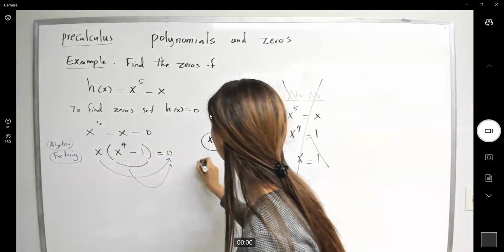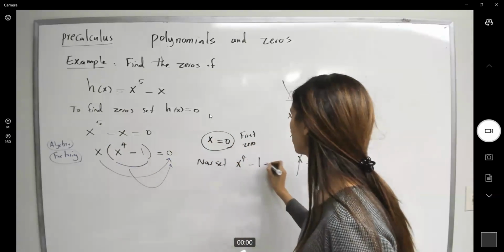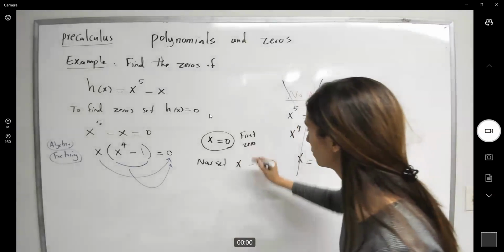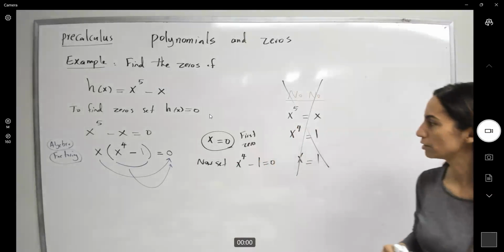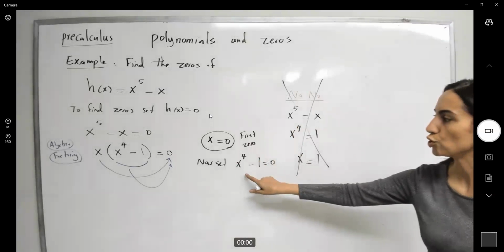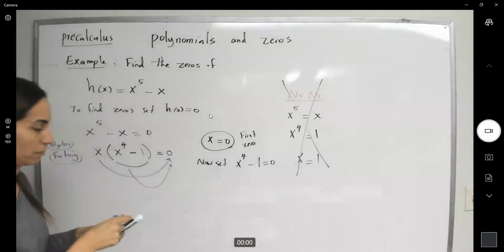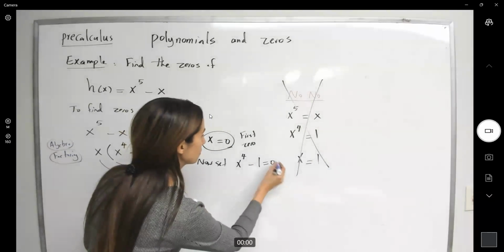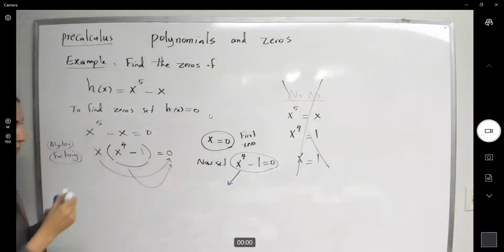Now set x to the fourth minus 1 equal to 0. Okay. For this one, you have 2 options. You can either write it this way.